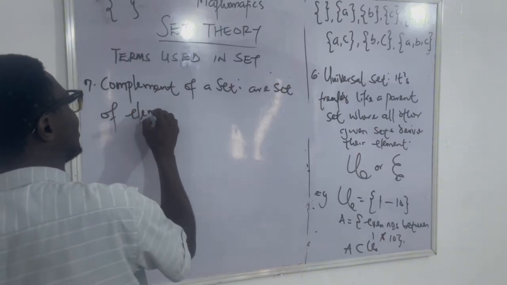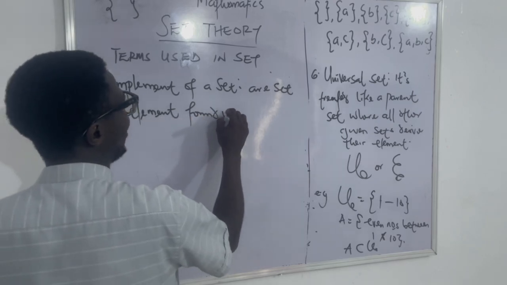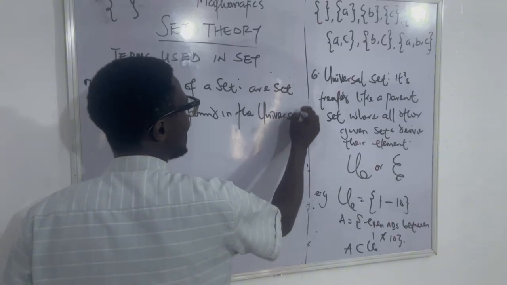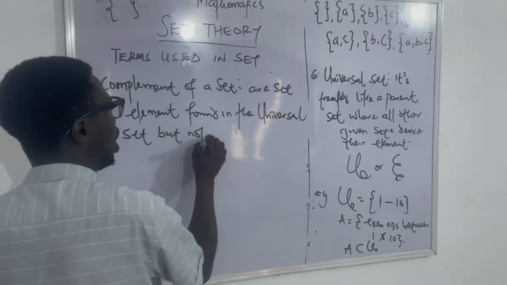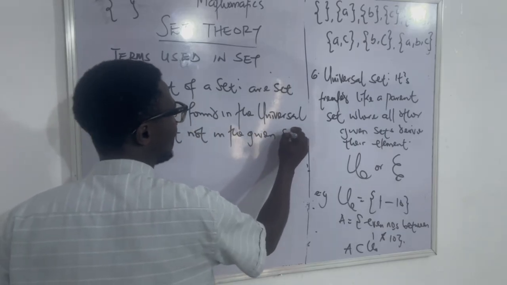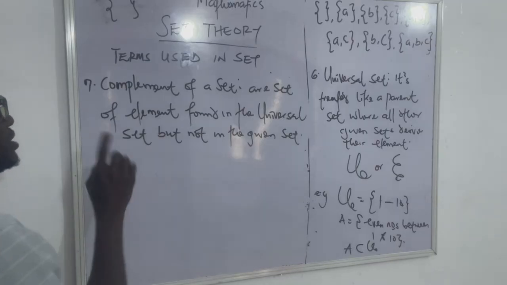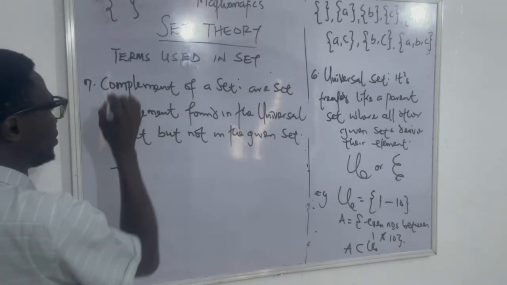Of elements found in the universal set, but not in the given set. Are we together? So complement of a set are sets of elements found in the universal set, but not in the given set. A typical example is this.